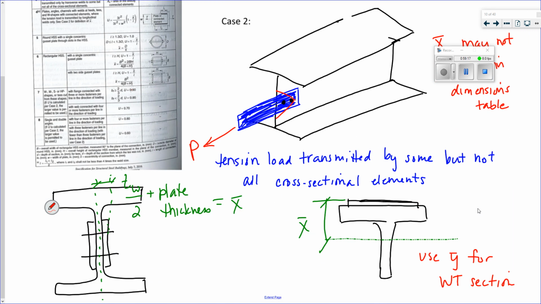X bar is the eccentricity, it might be a different symbol than X bar. So look at the picture and reconcile it with the picture of your dimensions. That's where that sentence was going.